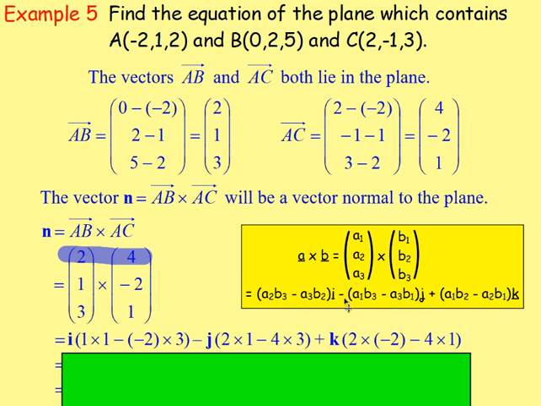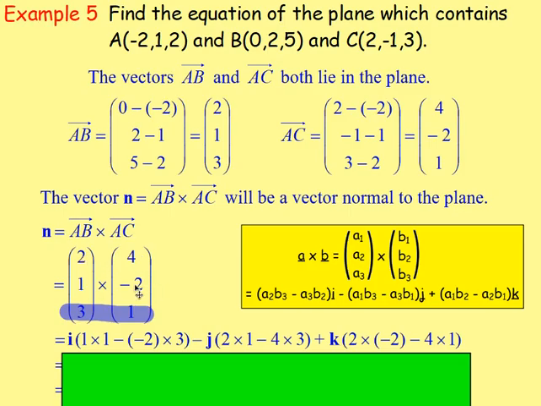Plus minus plus pattern, so we'll have take away j times, cover up that middle row, and we would have 2, 4, 3, and 1, work out the determinant of that, so 2 times 1, take away 4 times 3. And then plus minus plus pattern, so we'll have plus k times, cover up the bottom row, and work out the determinant of the 2, 4, 1, negative 2.